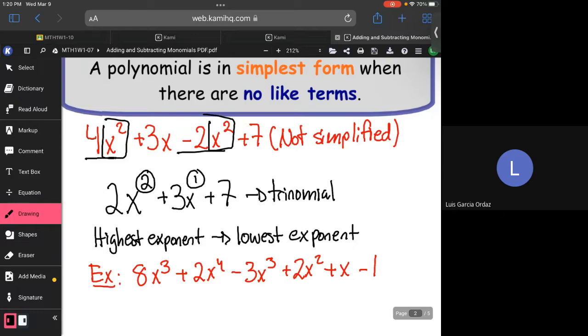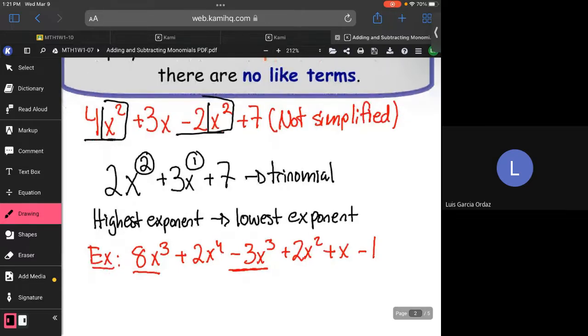Seems like a lot of terms. What you're going to do first is identify the like terms in this expression. So what are my pair of like terms here? Sean? 8x to the power of 3. Yep. 2x to the power of 4. Nope, that's not like it, it has a 4. Oh, sorry, negative 3x to the power of 3. Yep, and that's it, because everything else has an exponent of 4, 2, and 1.